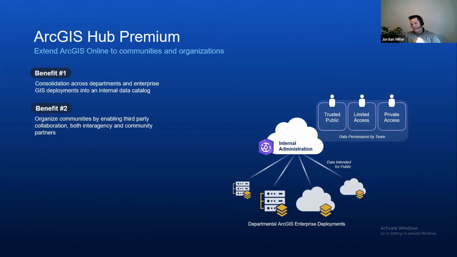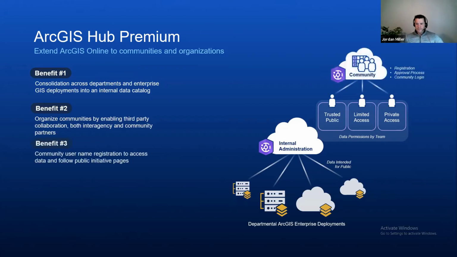So different organizational things like that, where you can enable the use of a pretty substantial stack of technology through these community users, and really by identity define what permissions they have available. So that's really, in my opinion, one of the biggest features or the most impactful features of Hub Premium.